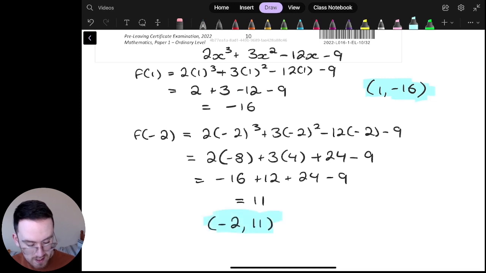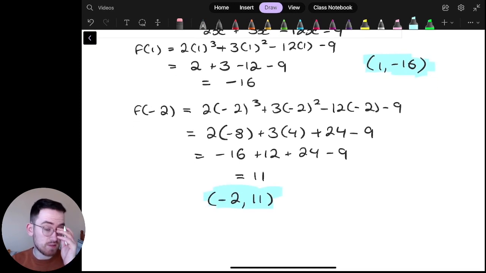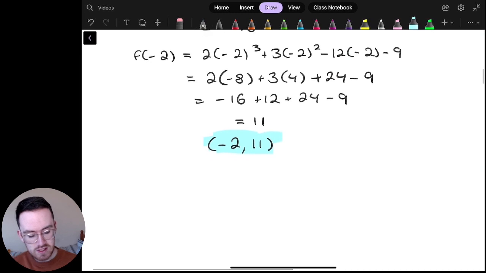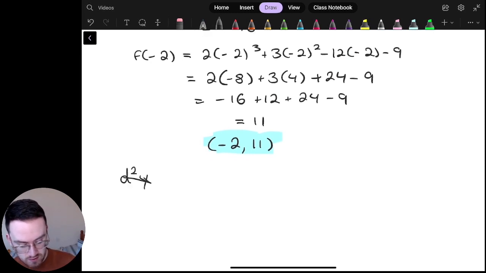We can kind of tell from these points which of them is going to be the maximum point and which is the minimum point. If we want to test it to be 100% sure, we can use our second derivative.